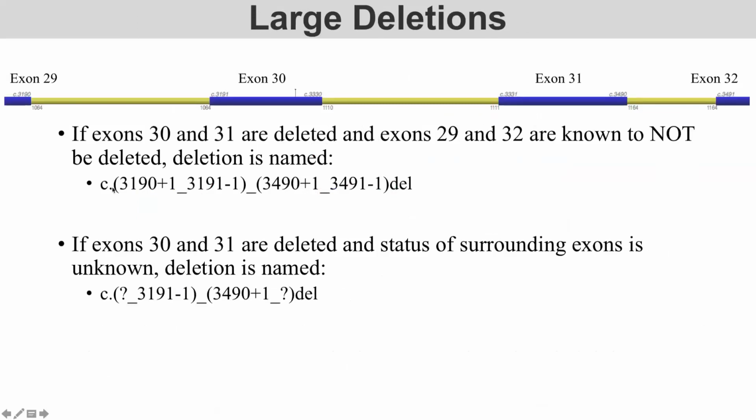If lab 1 submitted this deletion to ClinVar and then lab 2 submitted with the exact same nomenclature, I believe ClinVar actually does not aggregate those deletions because they can't be confident that you're actually talking about the same variant, because it could be that they have different breakpoints, and so since there's uncertainty, they don't put those together.